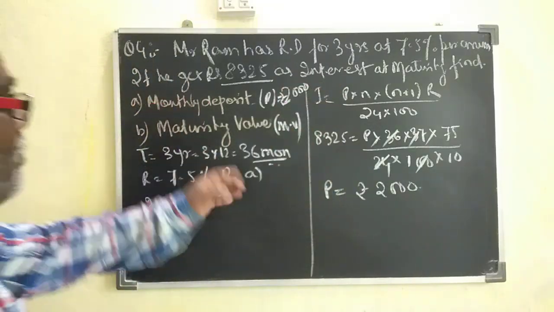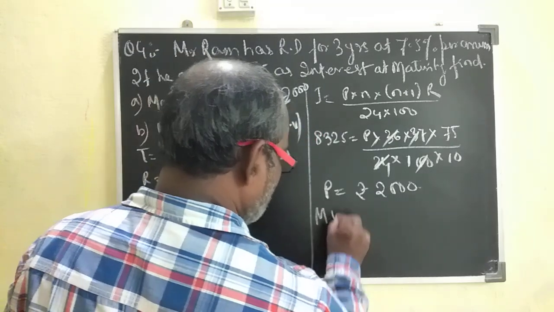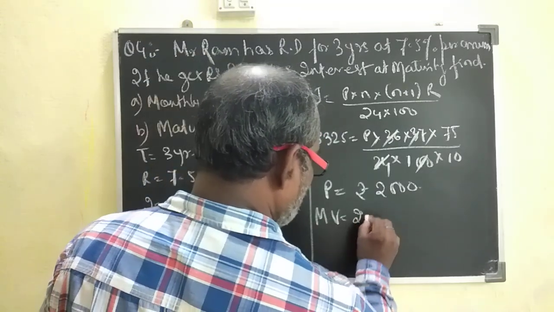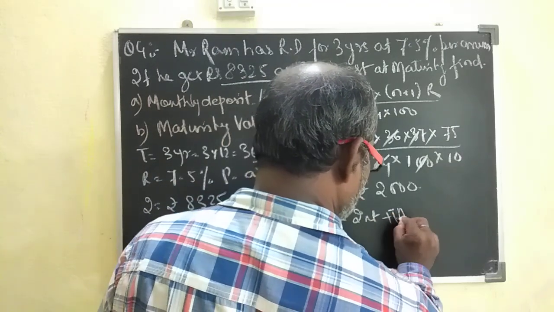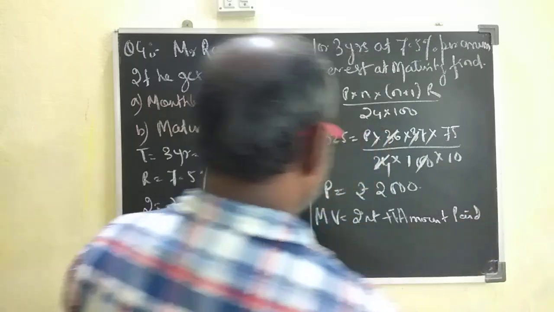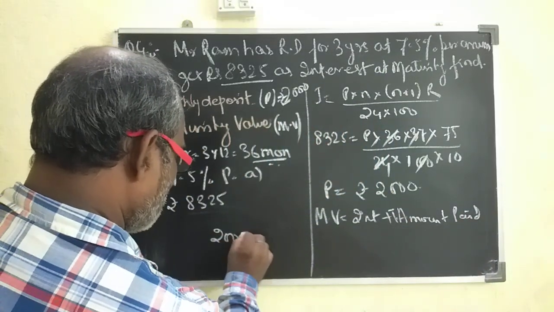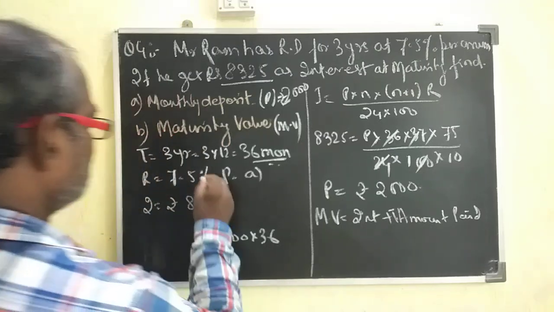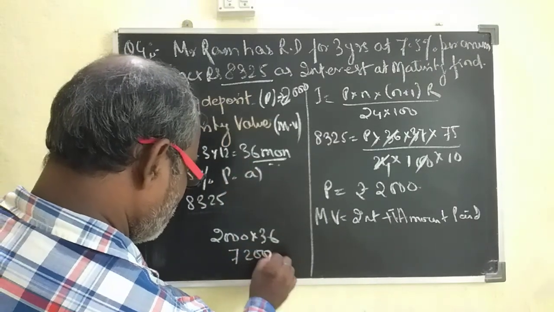Now we have to find out the maturity value. We know that maturity value equals interest plus total amount paid. Here principal is 2000, N is 36, so 2000 into 36 we get 72,000.